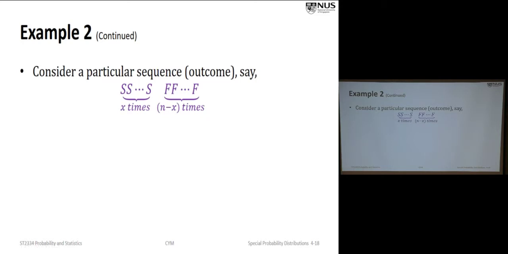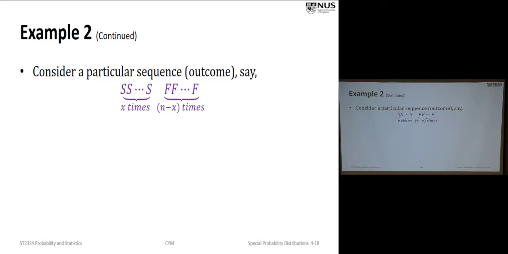I just consider this particular case, where the first x are successes and the remaining are failures. So what is the chance that you will have this sequence?